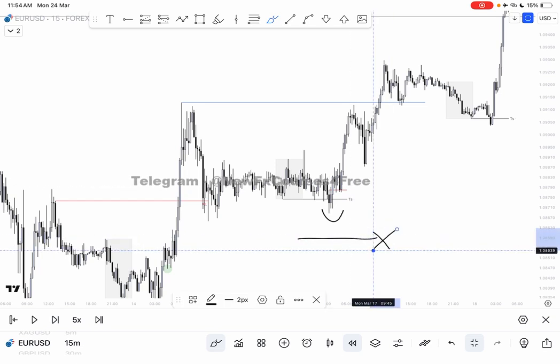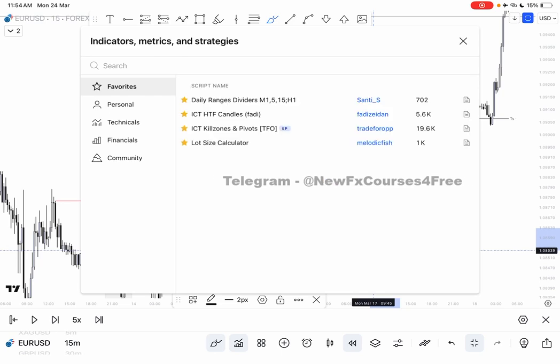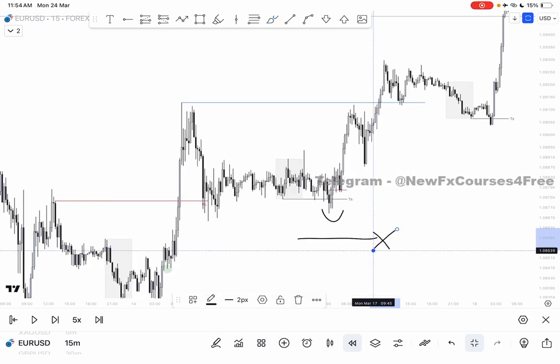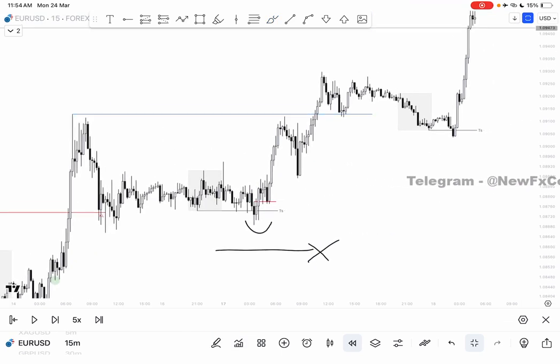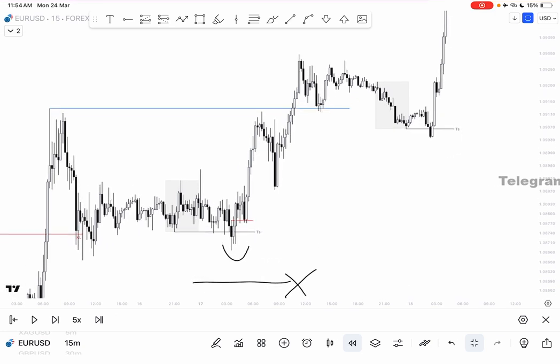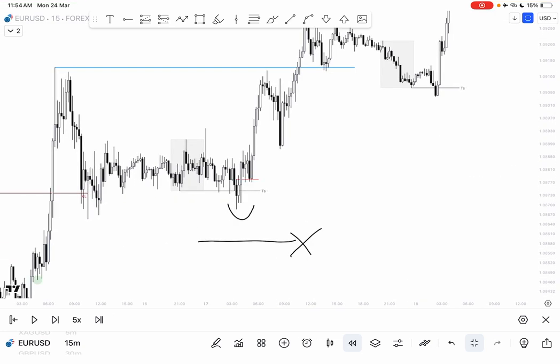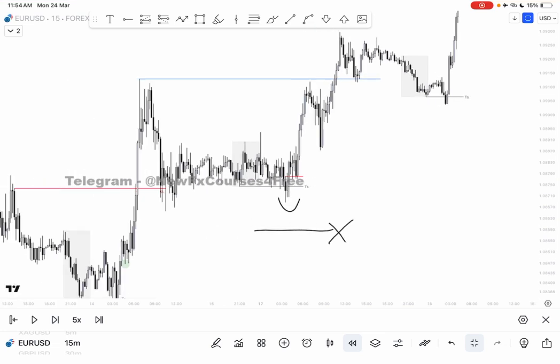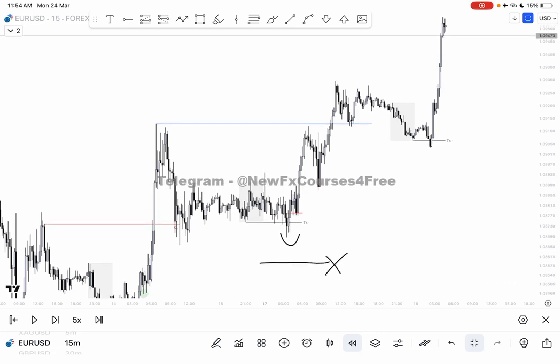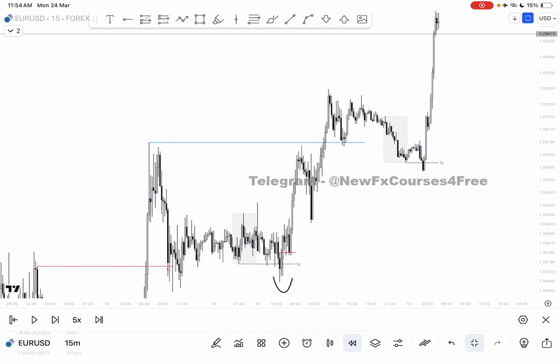This was my invalidation. I don't want to actually disclose why I kept the stop here, but that will actually be taught on level 4, where you got your turtle soup, stop loss, and time based soup and all that.